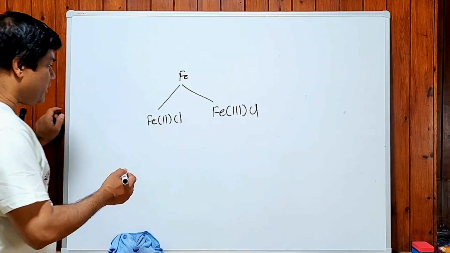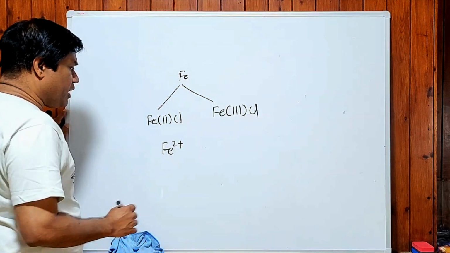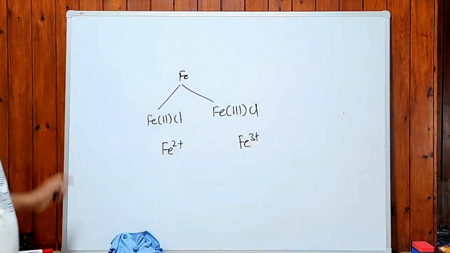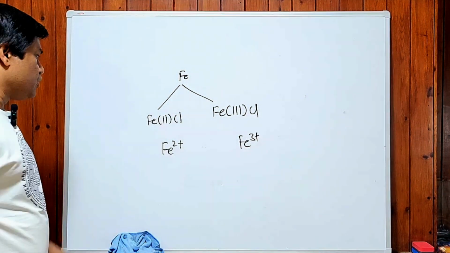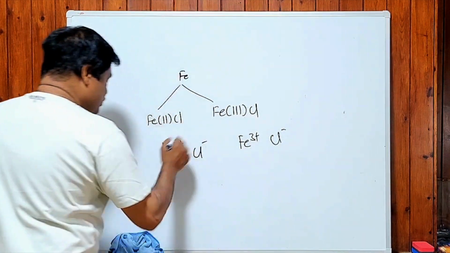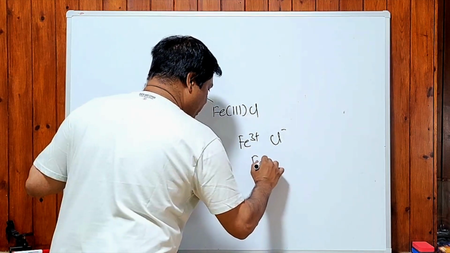So how can we write the chemical formula? Iron is in 2 plus form here, and in 3 plus form here, with Cl minus each. So what's the formula? FeCl2. And FeCl3.